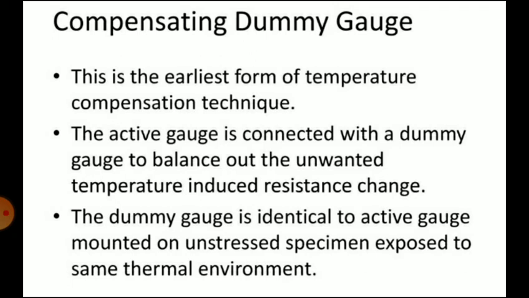In that, the different methods for temperature compensation are, first, use of dummy gauge, then use of two active gauges in adjacent arm, that is also called a half bridge arrangement, and third is use of four active gauges, that is also called full bridge arrangement.